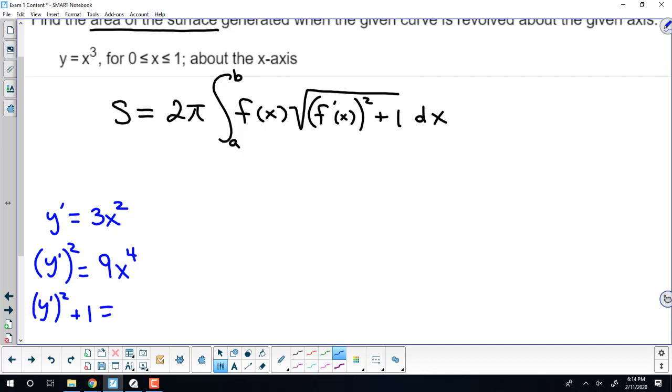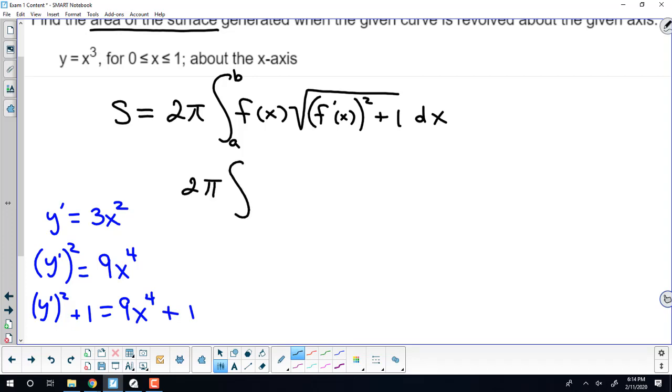I don't really have a preference how you should write these steps out. Really, all I'm looking for is this part right here, the integral part. So that's going under the radical. We still have our 2 pi.